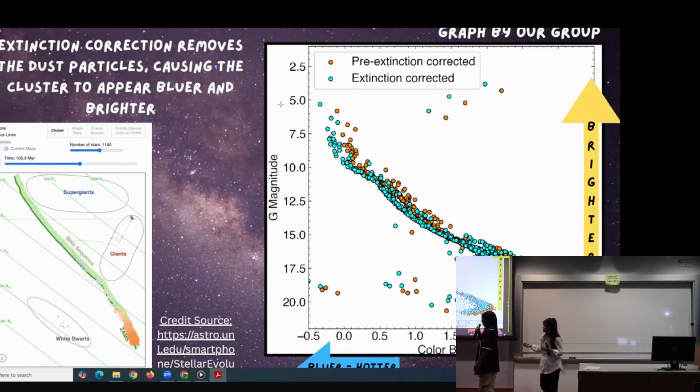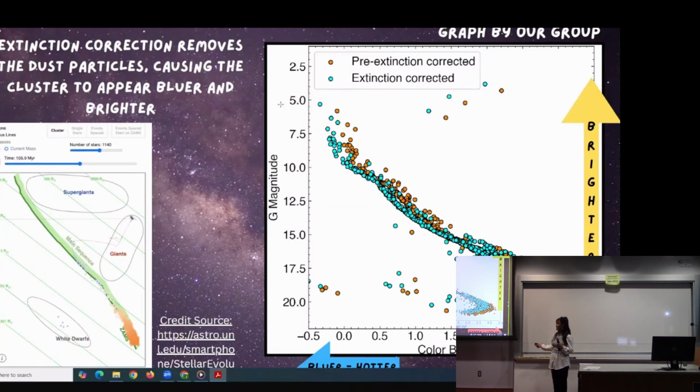You might think this is the first time you've seen a graph like this, but you're wrong. If you remember this graph right here, this is the HR diagram that Dr. Van Sater explained. This is the same graph as our graph right here. Notice the main sequence here, as well as a noticeable main sequence on our diagram.